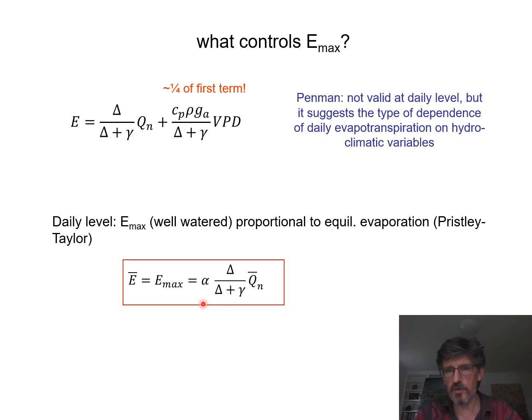So when you put them together, you get alpha, which is 1.26, 1.25, with lots of variability, times the potential evapotranspiration of Penman.